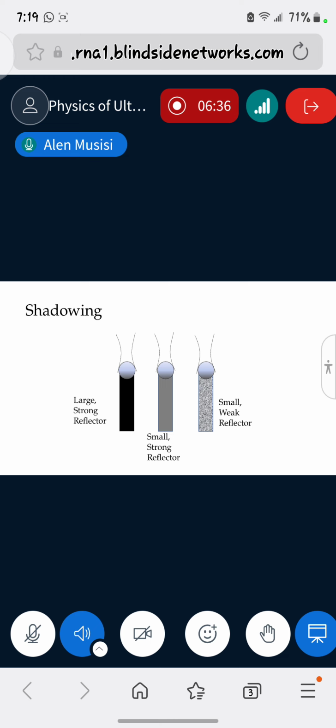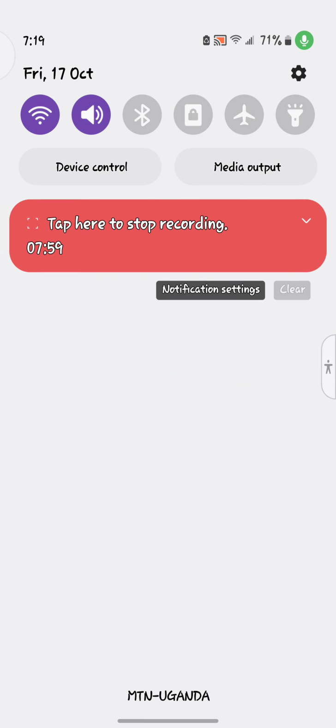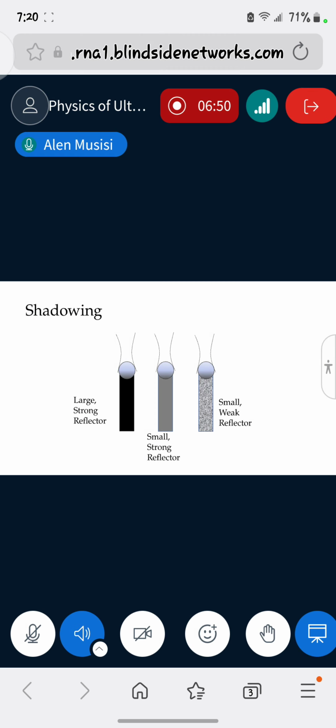They are small and weak reflectors, but they cast small shadows that you have to be observant to see them. For example, stones which are forming in the gallbladder, in the kidney, maybe in the urinary bladder, and they are small. You have to be very observant to see them.